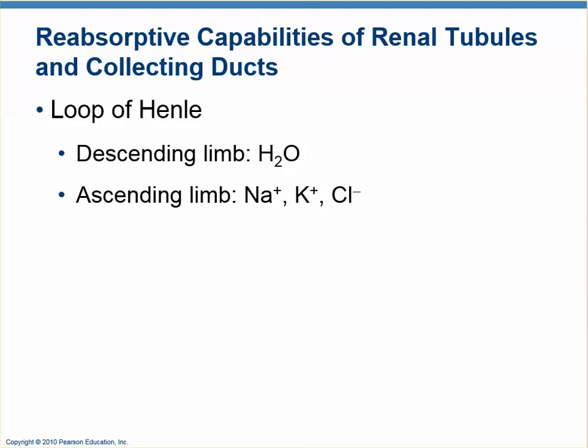So in the descending limb, the thin portion, there are aquaporins, so water gets reabsorbed in the loop of Henle. And in the ascending limb, the thick portion of the loop of Henle, there are sodium-potassium pumps that cause the reabsorption of more sodium.